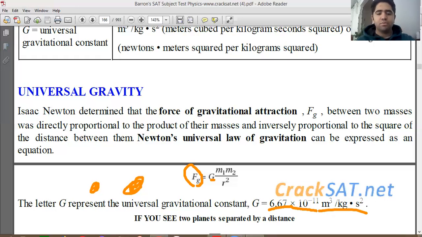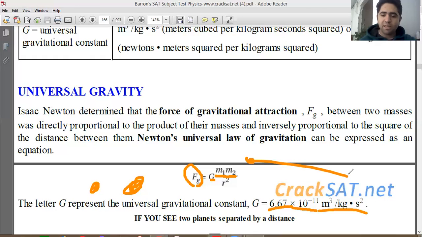You should memorize this number. It's really important. Then you multiply that by the fraction: in the top part is the product of the masses m1 m2, and at the bottom r squared. And r denotes the distance between these two objects.